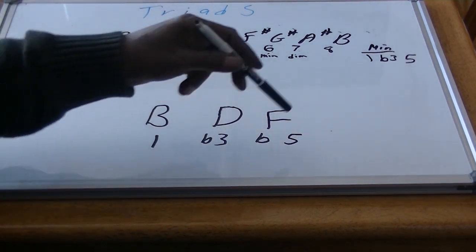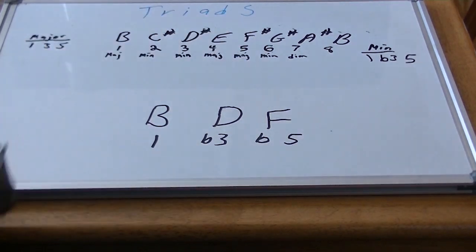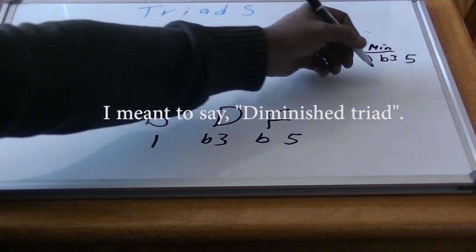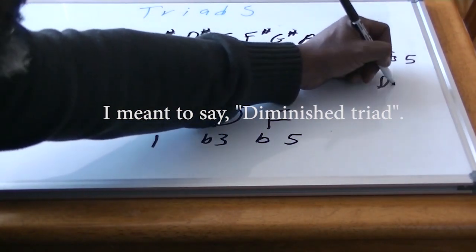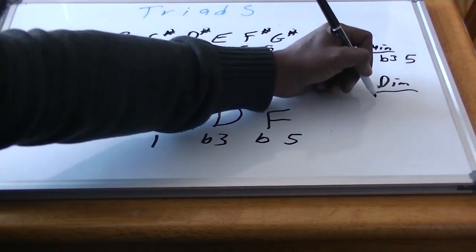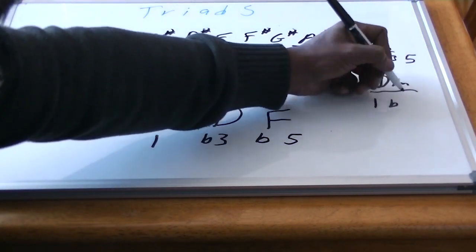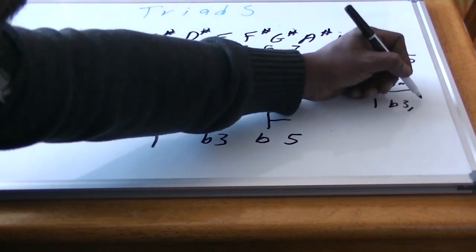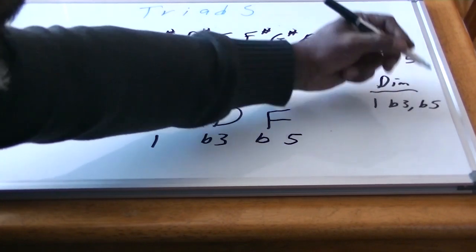So there's been a lot of changes and alterations to the notes of the scale. This establishes our formula for the diminished chord. So I'm just going to write that out over here, diminished. And we have our formula: the root note, the flatted third, and the flatted fifth.